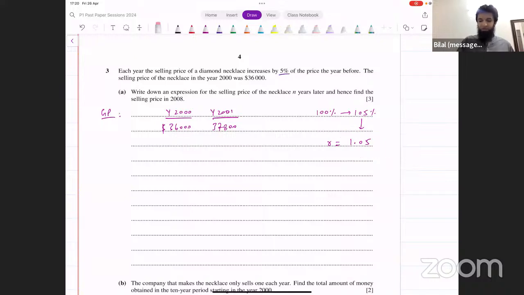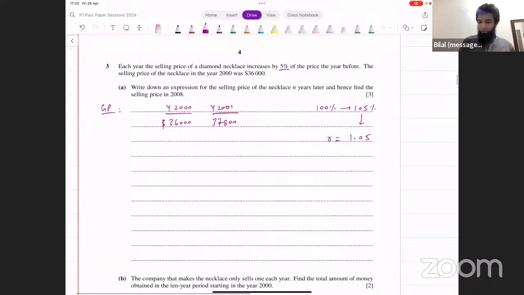But once we've got the ratio, what we want to do now is write down an expression for the selling price of the necklace n years later. What's the term formula of a GP? The term formula looks like this: Tn equals AR raised to power n minus 1. But remember, in this formula, n represents the position of the term.